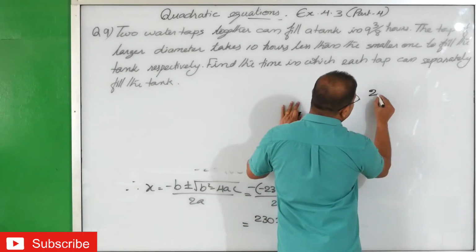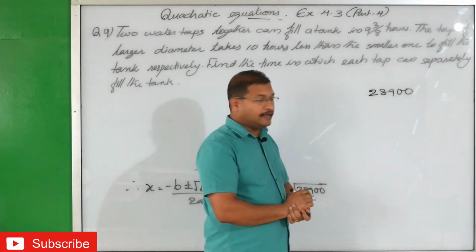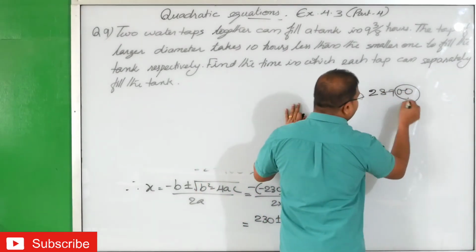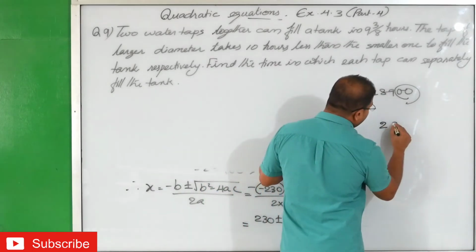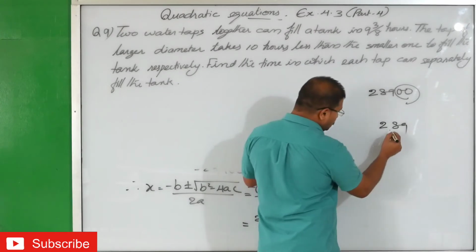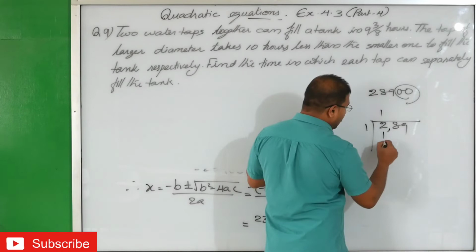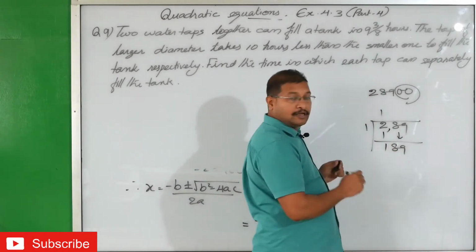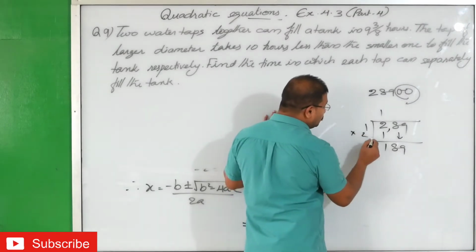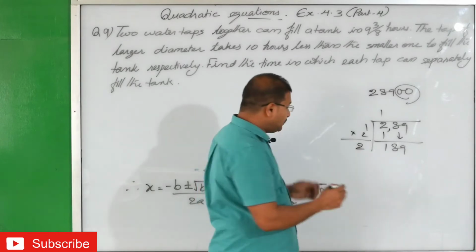That means what? 28900. Ready? 0 means directly you will get 1 0 you can take out. That means you take only 289. So group it. Now 1 1s are 1. Balance is 1, so 89 will bring down. Now multiplying by 2, that means 2 1s are 2. Now what will you do?